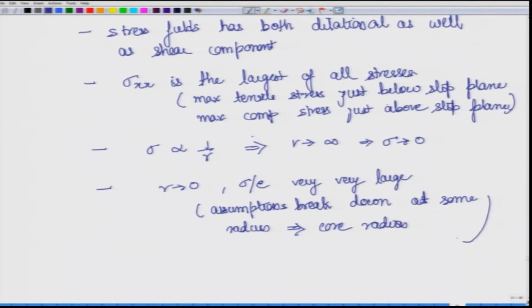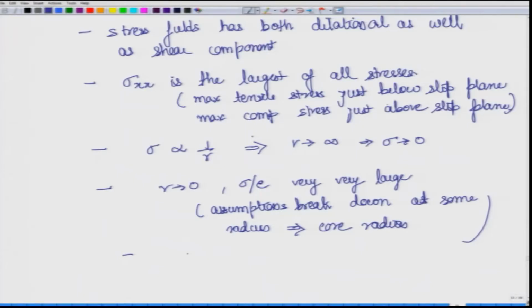So, you can look at it in terms of stress and strain fields, and later on when we talk about energy, you can look at dislocations as two parts, one where you have the elastic component and one where you have the core component. There is a core component where the relations we have described are not valid, and if you really want, you will have to use a non-linear elastic model. On the outside, whatever relations we have derived will be valid, and all our energy relations that we will move on to next will also be valid.